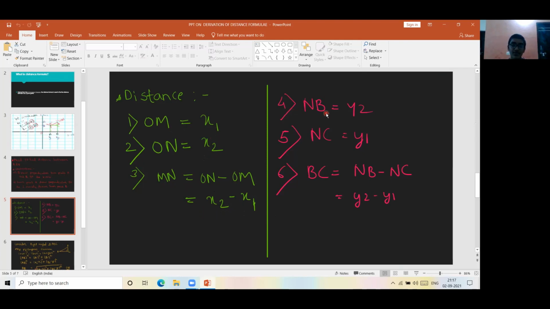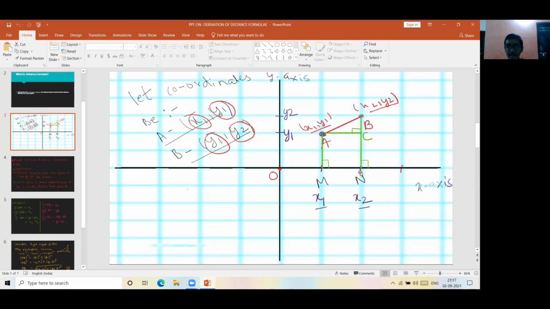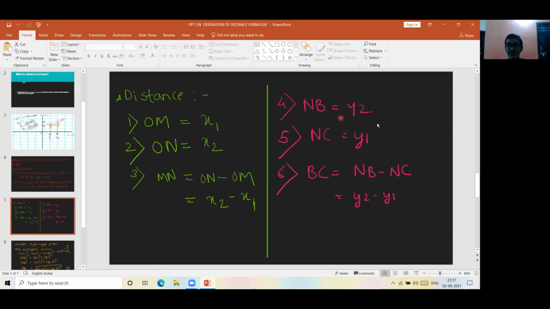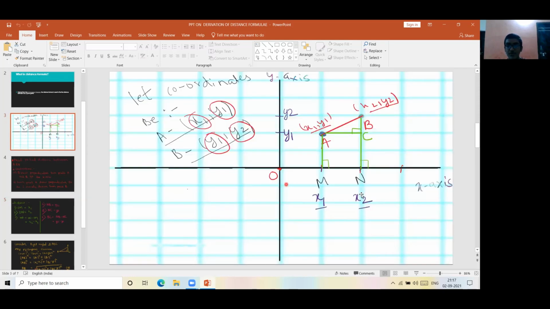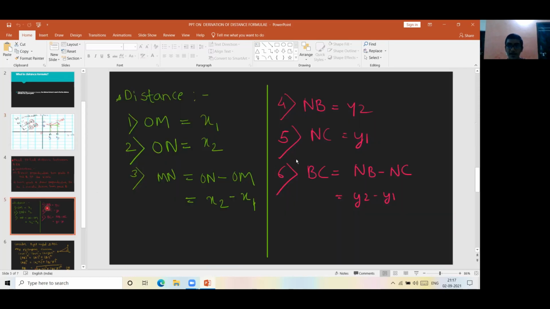Now let us move towards the y coordinates. NB, in the figure N and B meet at y2, so the distance NB is y2. For NC, there is no specific point labeled, but since this point is x1, the point C will be y1. So the distance NC is y1.